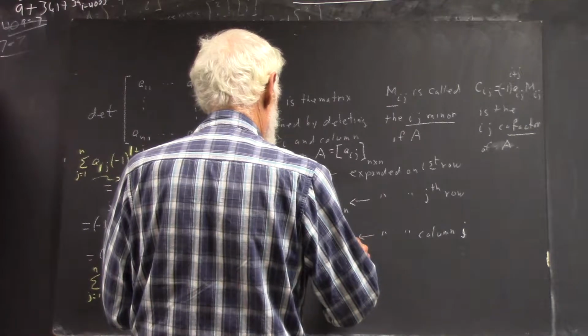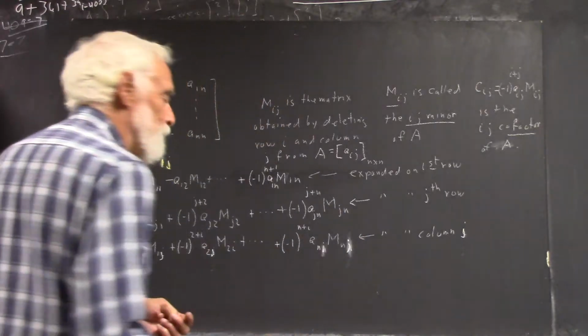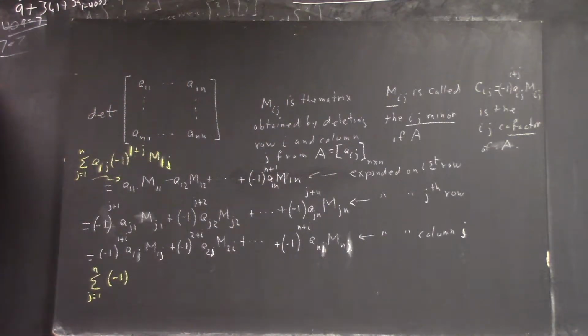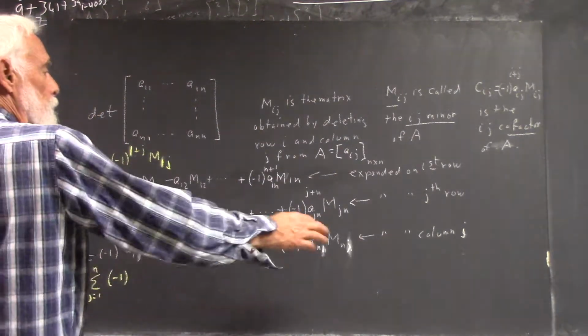So I thought I made a mistake, and I hadn't, but I made one already. Okay? Sorry. Okay, so we're in column J.